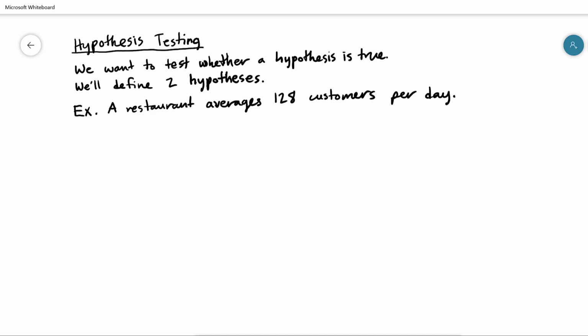And they do some sort of change in hopes of increasing the number of customers. So maybe they changed the menu or something like that. They change the menu in hopes of drawing more customers.